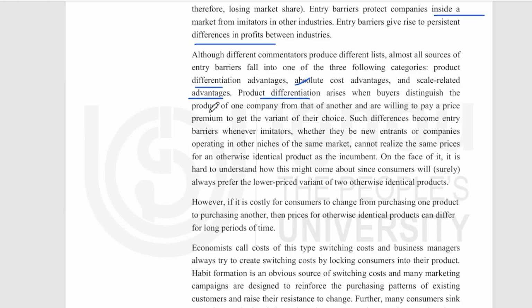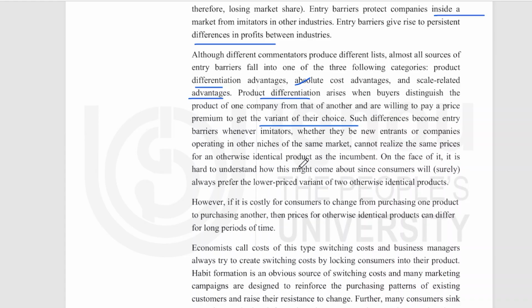Product differentiation arises when buyers distinguish the product of one company from that of another, and are willing to pay a price premium to get the variant of their choice. Such a difference becomes an entry barrier whenever imitators, whether new entrants or companies operating in other niches of the same market, cannot realize the same prices for an otherwise identical product as the incumbent.